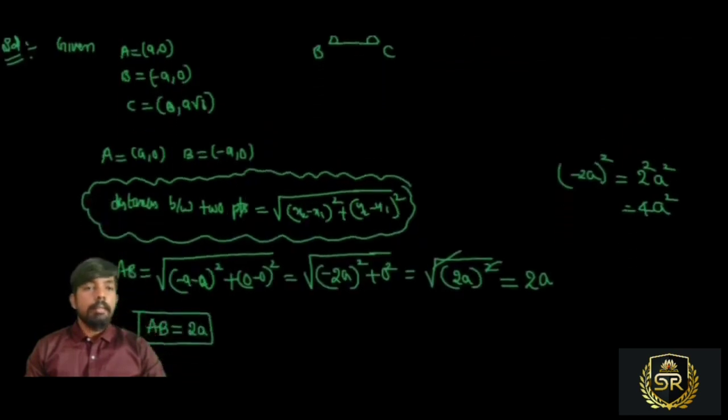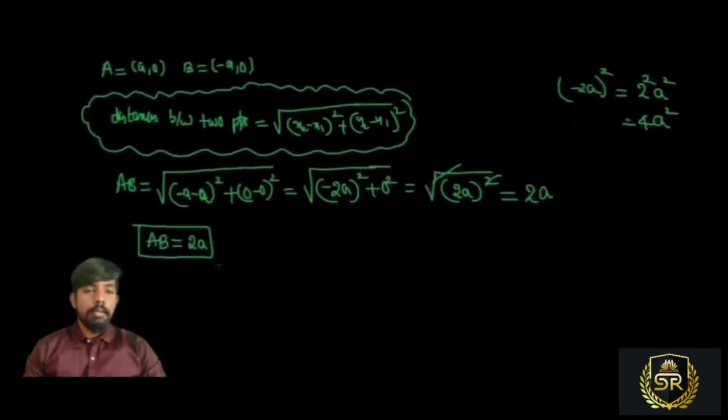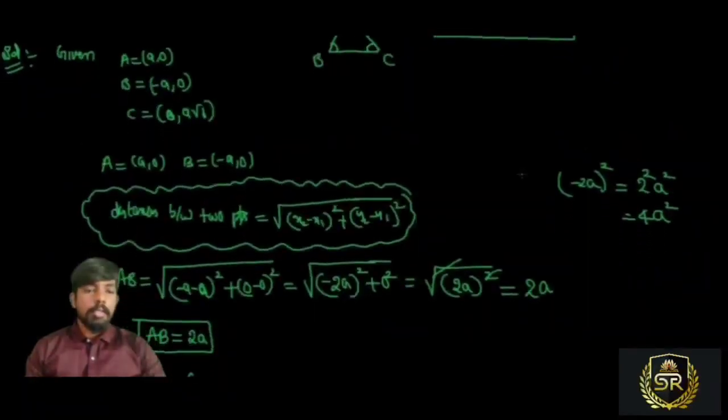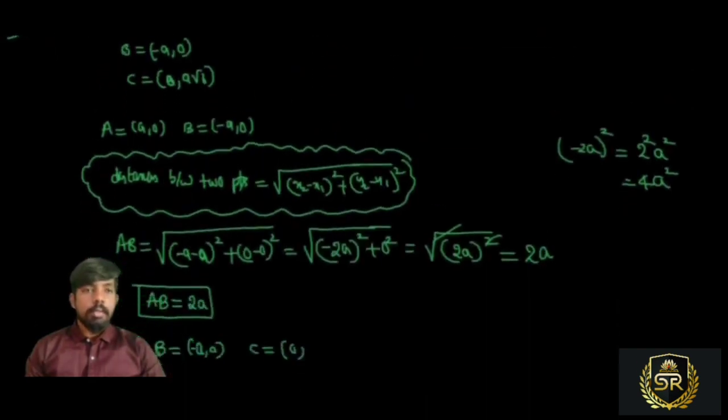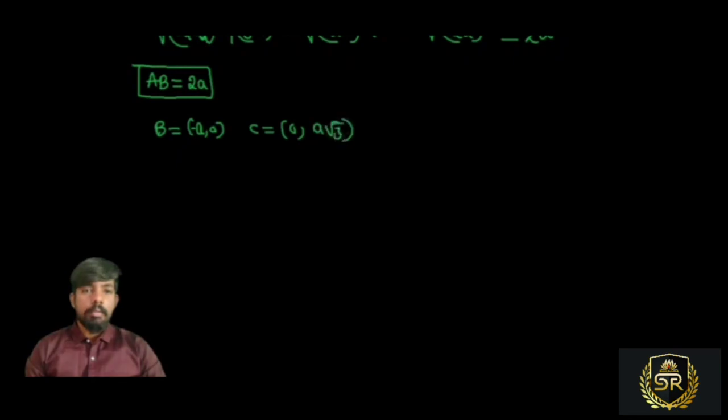Similarly, BC distance. B point is (minus a, 0), and C is (0, a root 3). Now BC distance, BC is equal to root over (x2 minus x1) whole square, this is x1, y1, this is x2, y2. x2 minus x1 is 0 minus of minus a, plus whole square, plus (y2 minus y1), a root 3 minus 0 whole square.